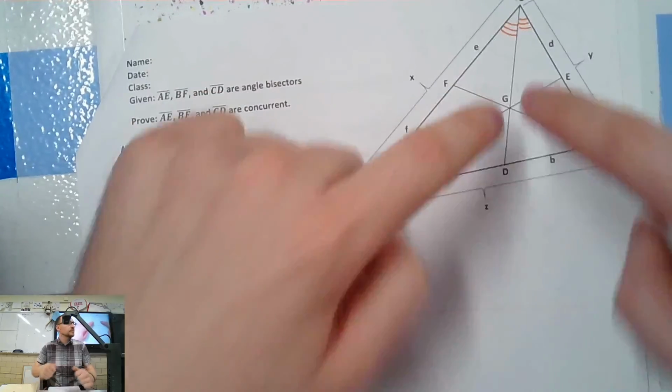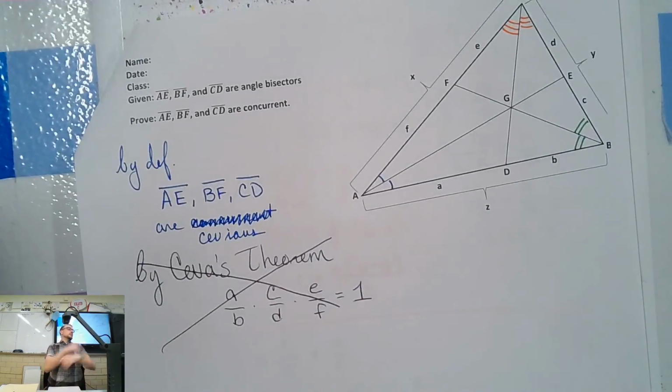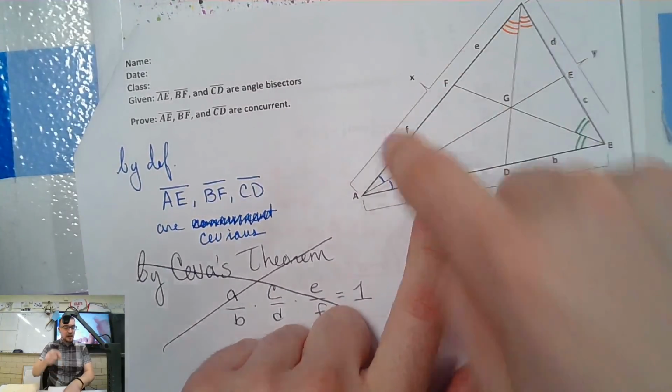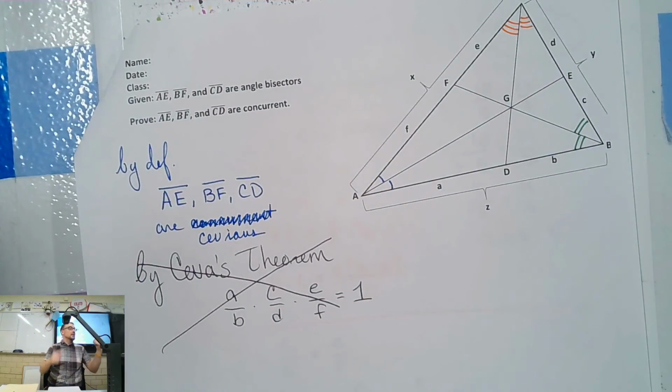Subtract and get this, and then we're going to do the same logic. Cross things out. Therefore, A over B, C over D, E over F multiplied together equals 1. And then by Ceva's theorem converse, if that's true, then they must be concurrent. Does that make sense? That's it. It's literally all we've been doing this week, all at once. Proving angle bisectors concurrent is very easy. It's algebra, not challenge.